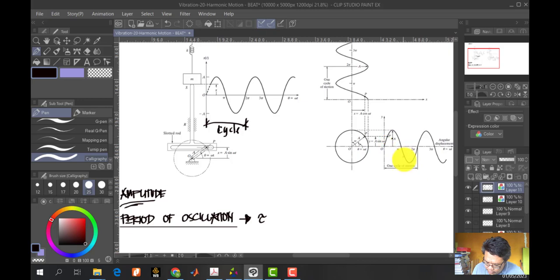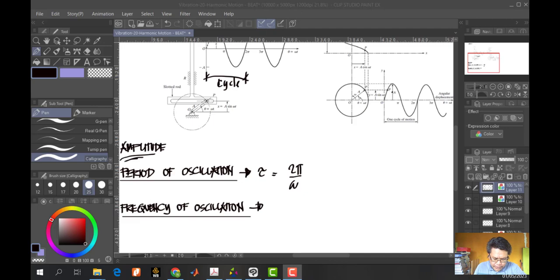So that is one cycle. The time it takes to complete one cycle is the period of oscillation, and it is defined with the equation tau equals 2 pi divided by the angular velocity.